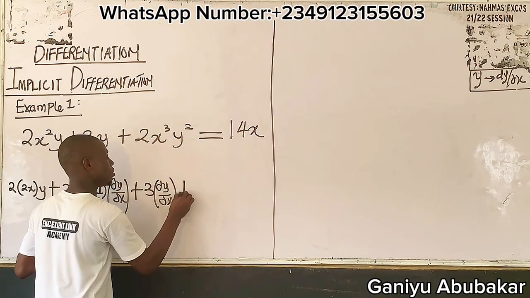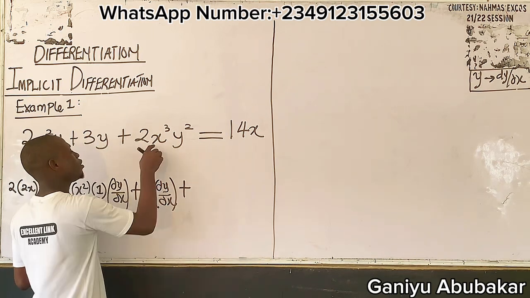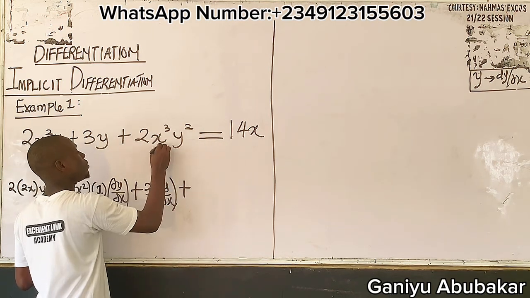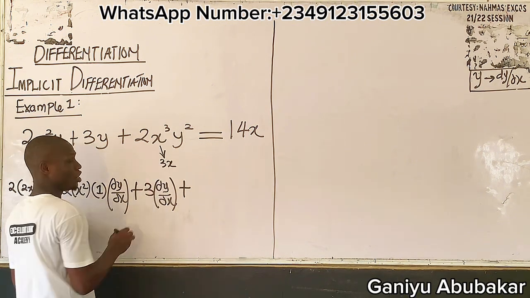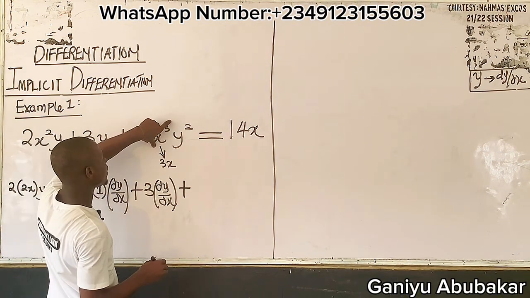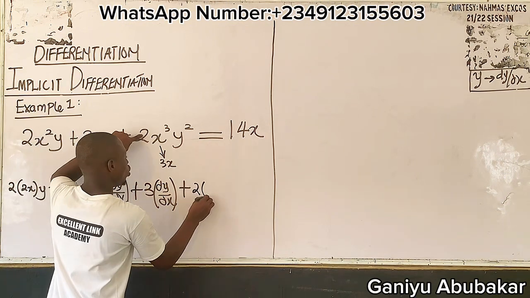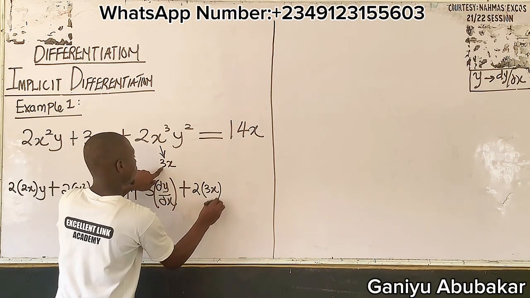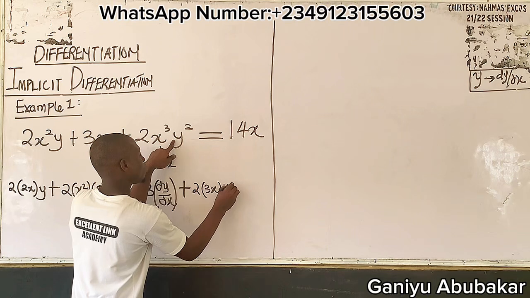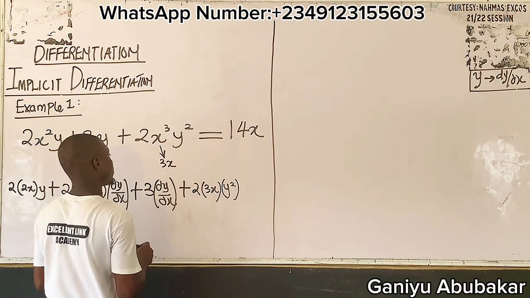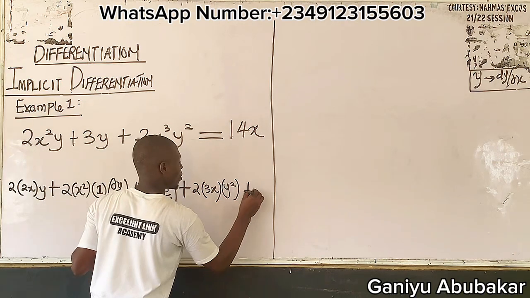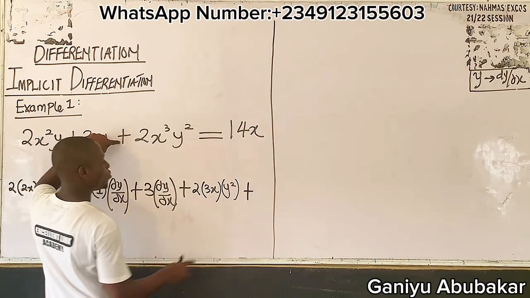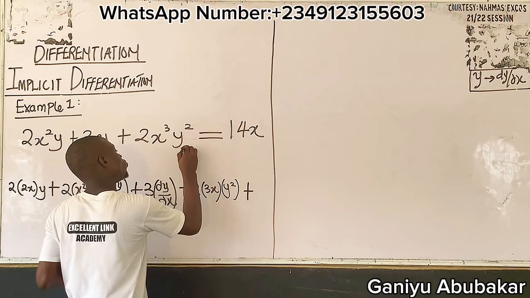This plus. Now I'm having x and y here. So start with x first. This is x cubed. I'll have 3x squared after differentiation. So I'll ignore this and pick 2 into 3x squared into y squared. I'm done with x cubed, per se. I'll put a plus here. Why? Because I can see plus here. Let's move to y squared.